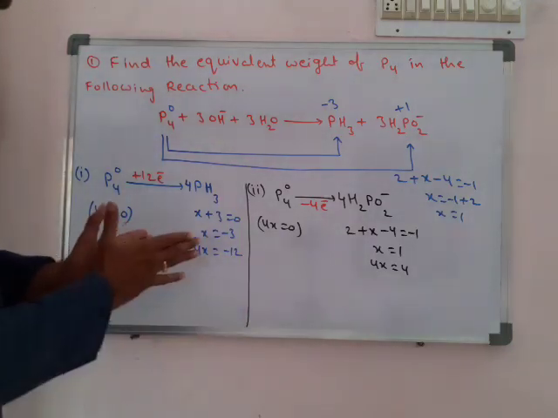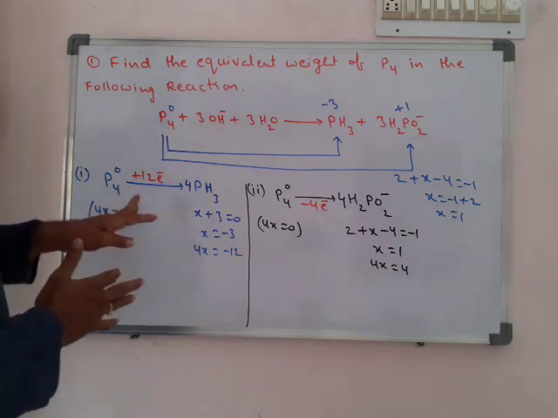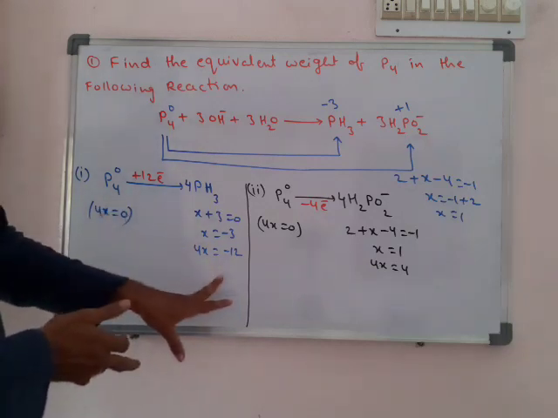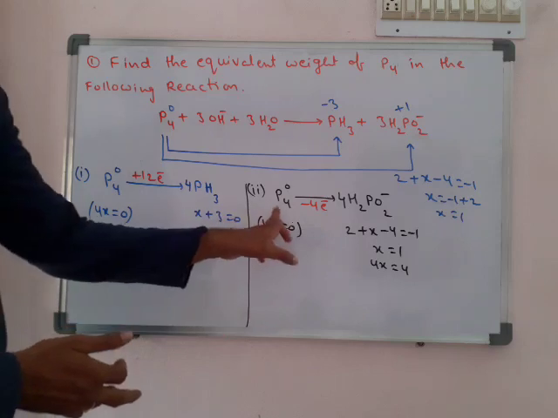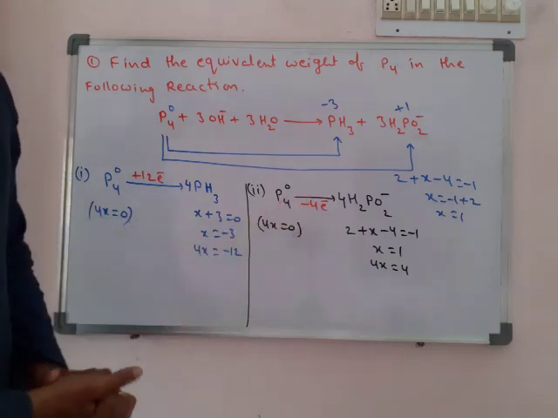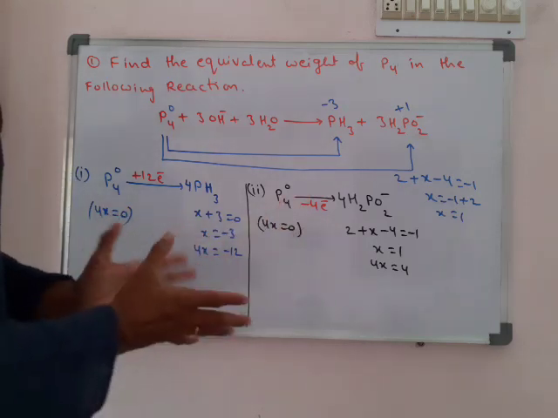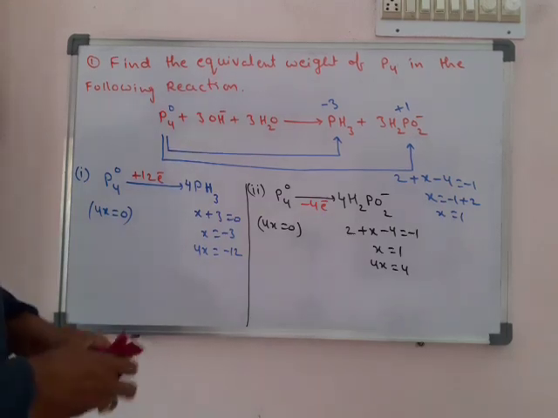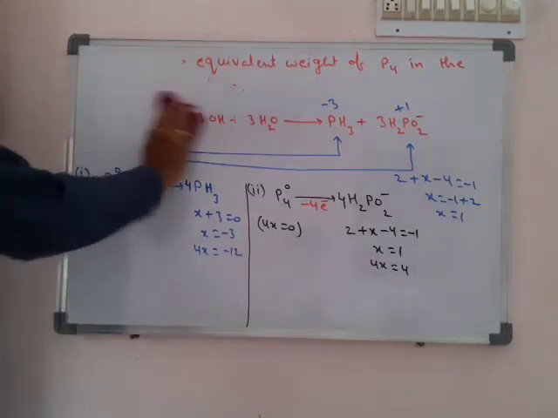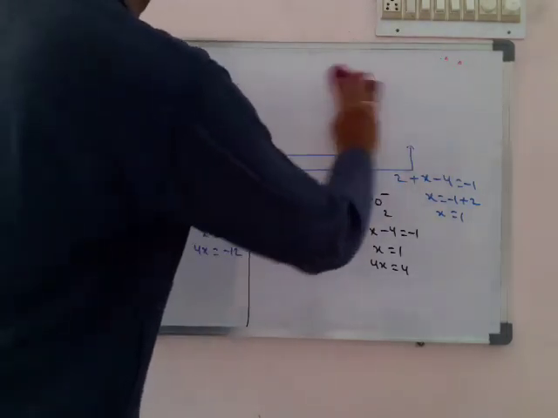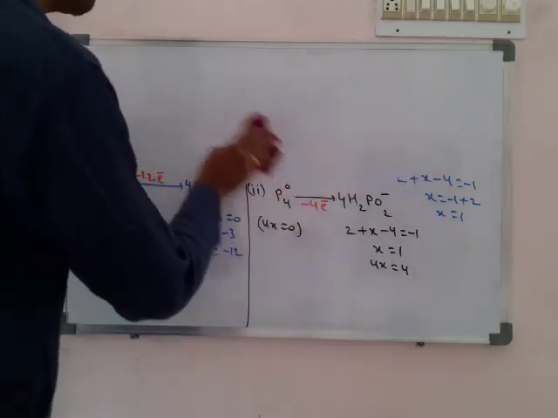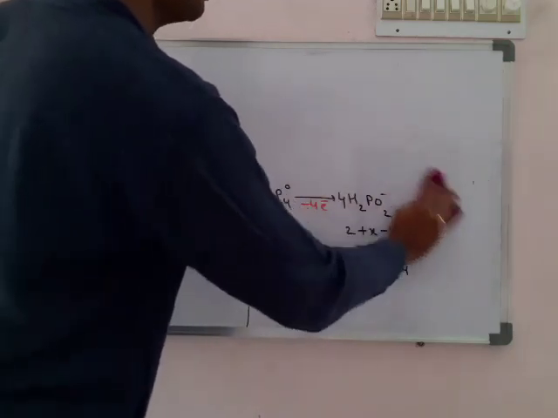So this is the individual reactions of phosphorus. P4 to PH3, gaining of 12 electrons, here losing of 4 electrons. So that individual ga manam find out chesi we need to add. So normal redox reaction lo gaining losing same vachedi.